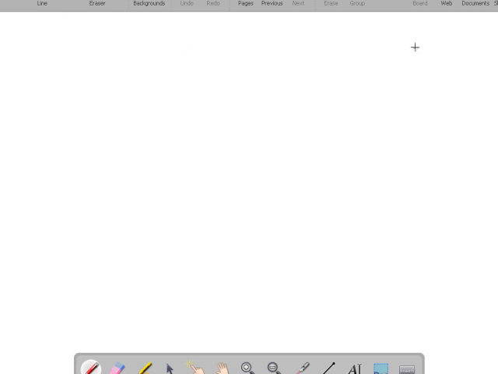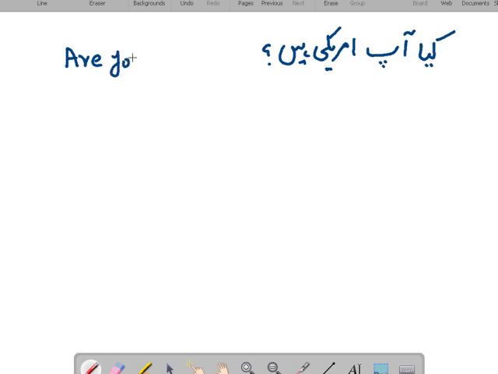Now see another sentence. क्या आप अमरीकी हैं? This is the question. Means, are you American?